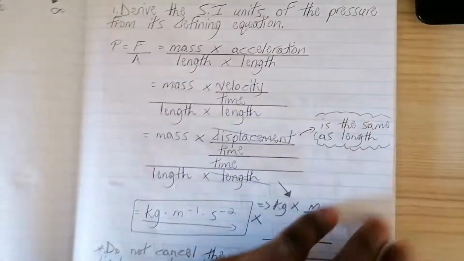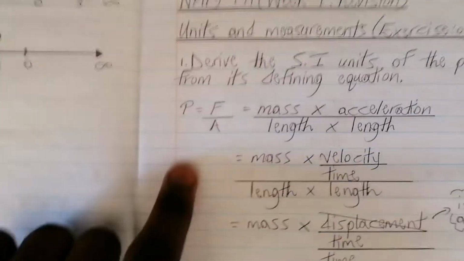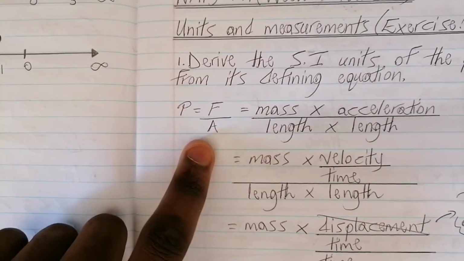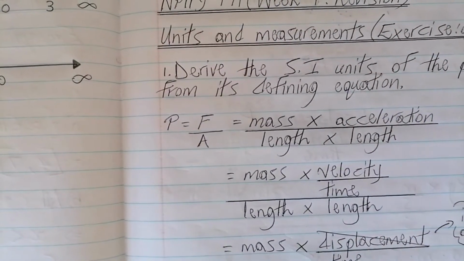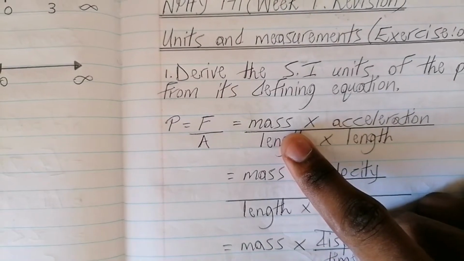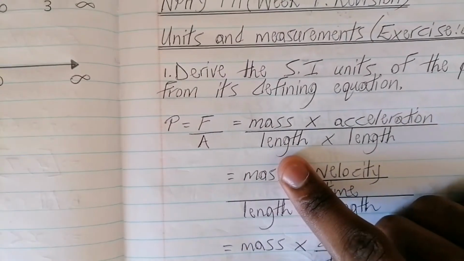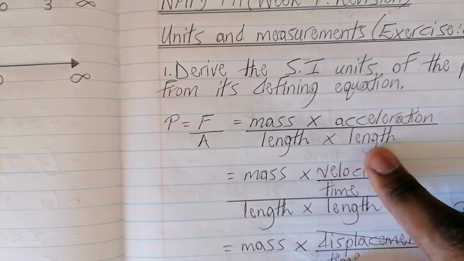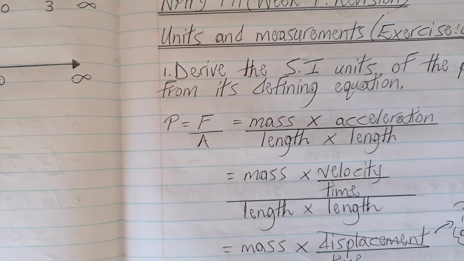So going straight to pressure, we know that the defining equation for pressure is force divided by area, and we know the defining equation for force is mass multiplied by acceleration, and area is length multiplied by length, of which we are going to get length squared.